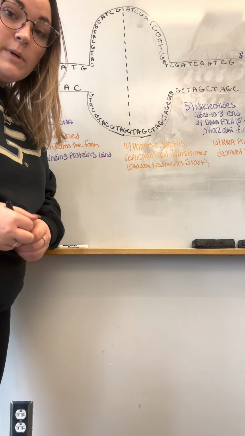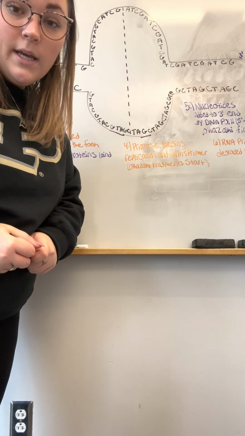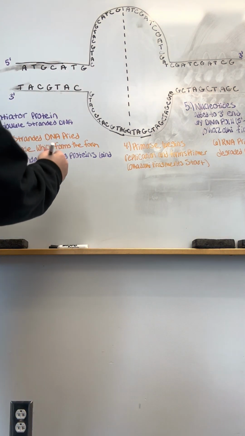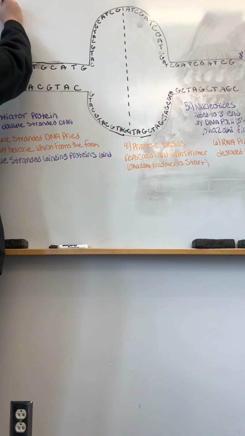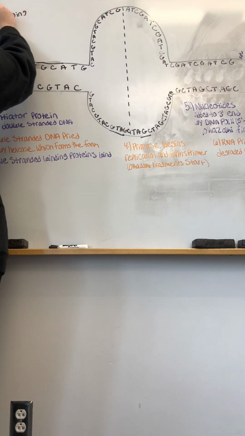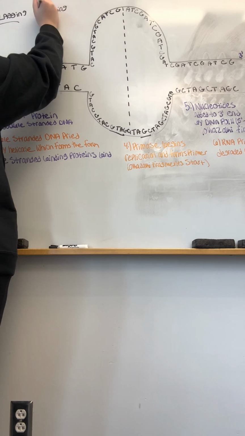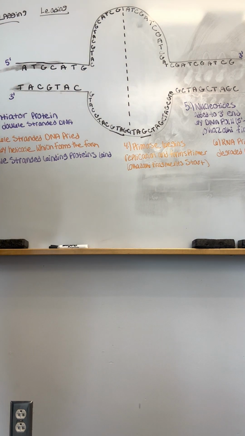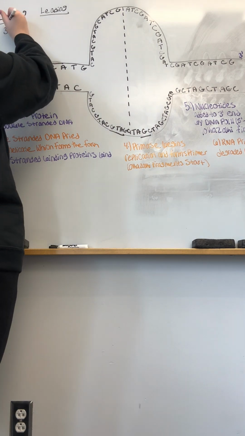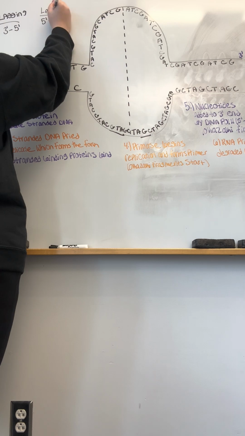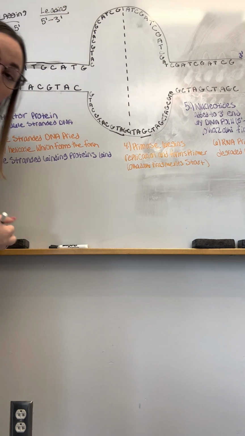First we're going to start off by saying what is the lagging and what is the leading strand. The lagging is always going to go 3' to 5', and our leading is going to go 5' to 3'.